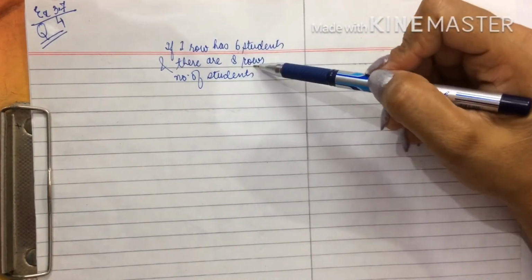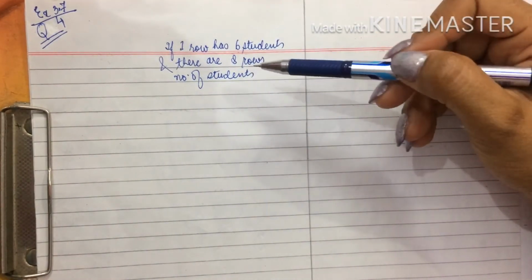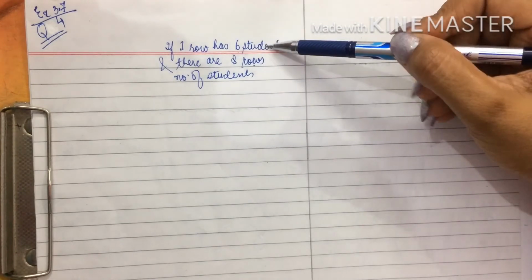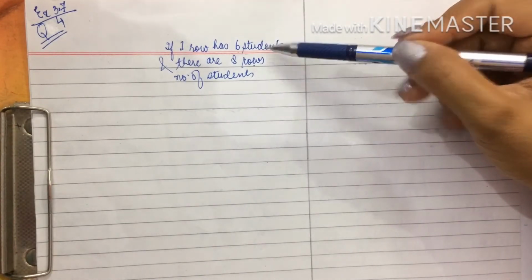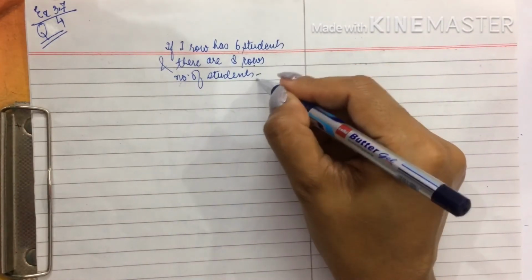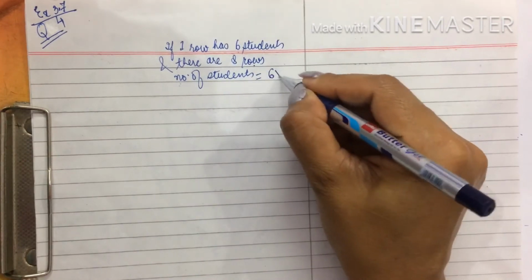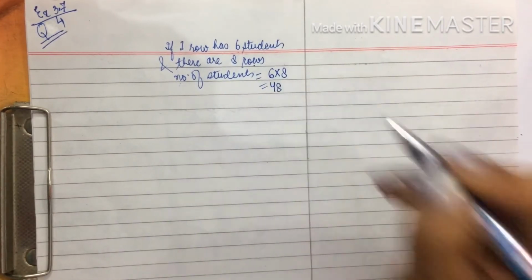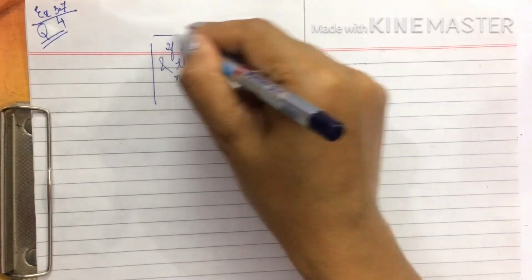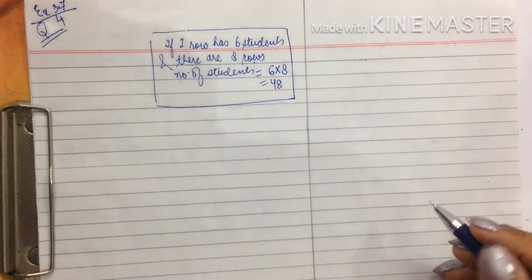There are 8 rows, means there are 8 lines. In every line there are 6 students standing. Can you tell me how many students will be there? It will be 6 into 8, which is 48 students. So this is the concept we shall use for this question.